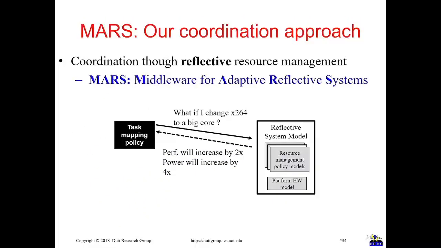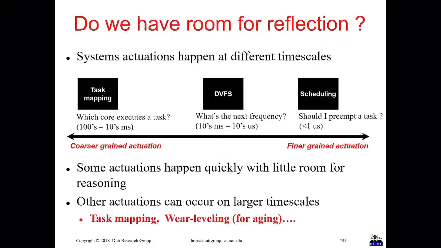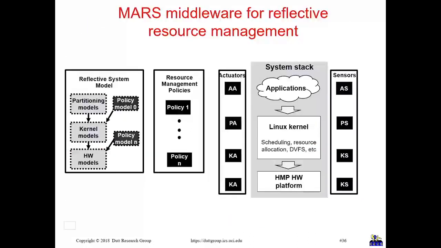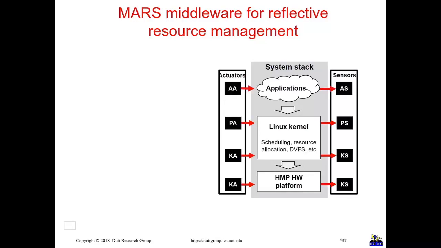So I don't have much time. I want to talk about the fact that we have built a system that does that for runtime allocation. And we have this model called MARS, which is middleware for adaptive reflective systems. And it really has these different ideas of the cross-layer abstractions for sensing and actuation that you can see here in this system stack, where you sense and you actuate.